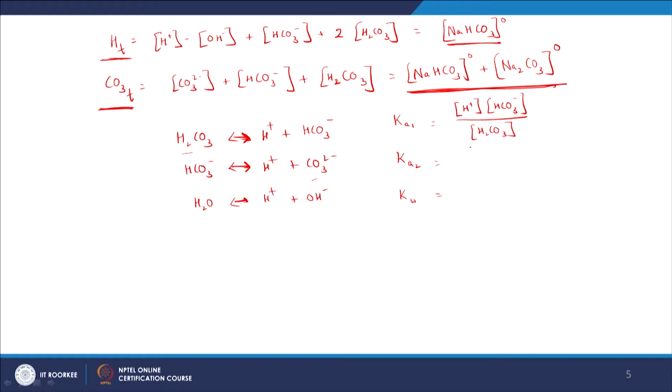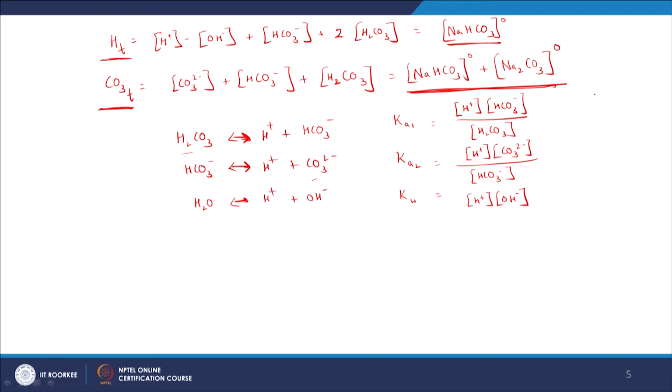And similarly I am going to have Ka2 equal to H plus into CO3 2 minus by concentration of HCO3 minus, and Kw is going to be equal to the concentration of H plus into the concentration of OH minus, right.